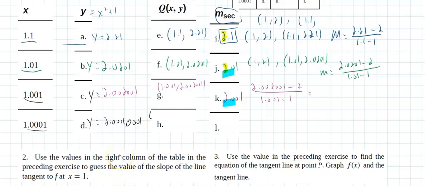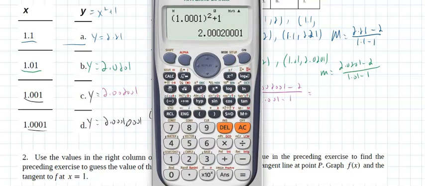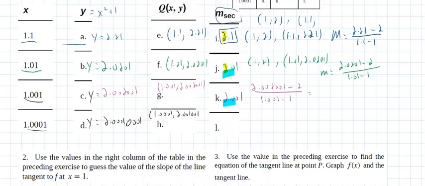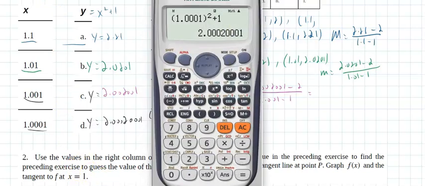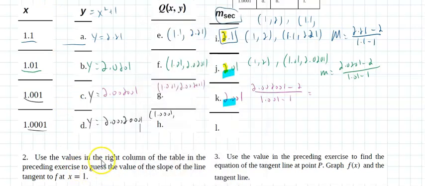So the point now is 1.0001, 2.00020001. I messed up big time. Again, double checking. 3 zeros and 3 zeros. So this is 2.00020001, another 0.